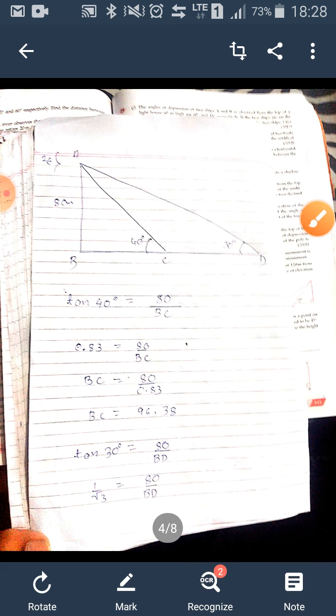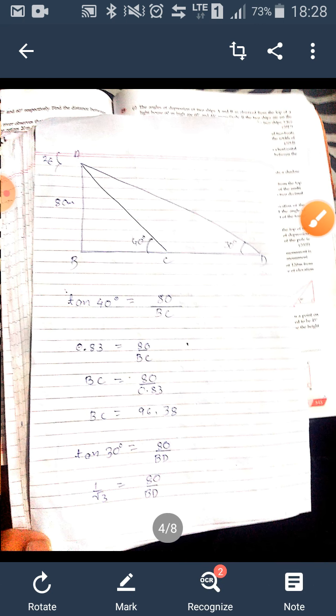So here you have your 80-meter tall lighthouse. C is the place where the first ship is standing and makes an angle of 40 degree. D is the place where the second ship is standing and makes an angle of 30 degree. So let's look at the first triangle.